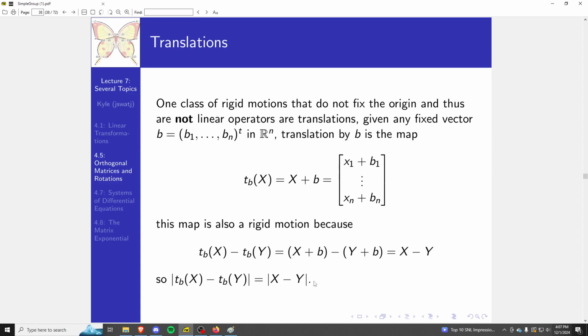Yes, it preserves the dot product. Which is the function that is left multiplication by A, your orthogonal matrix.